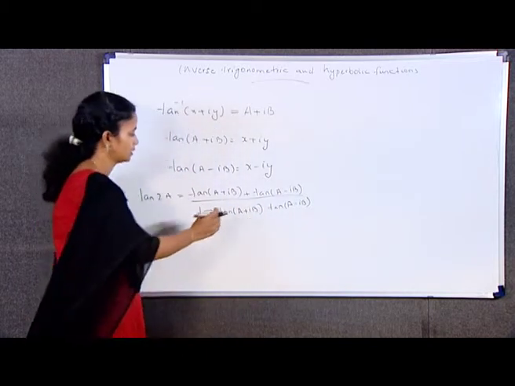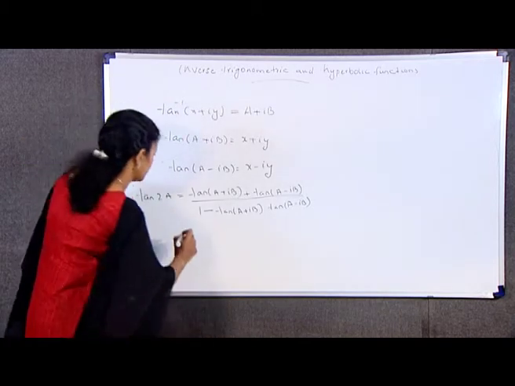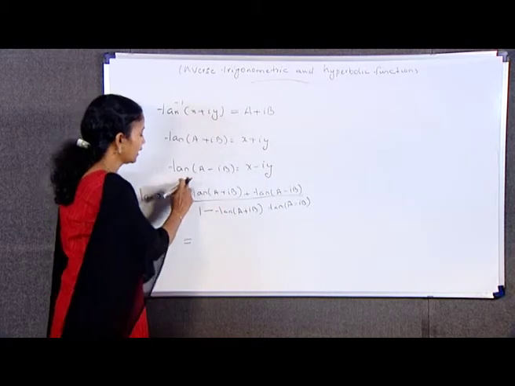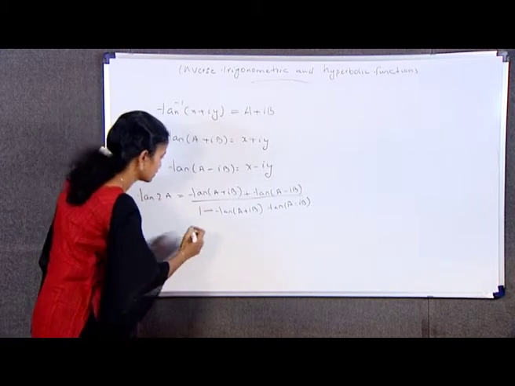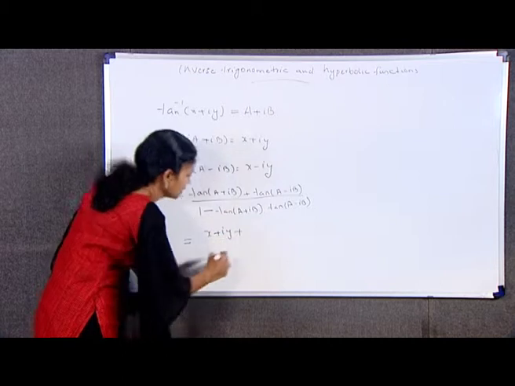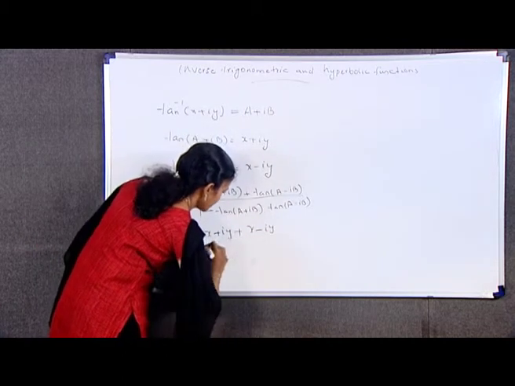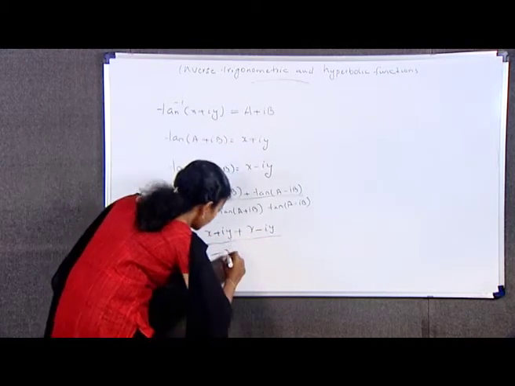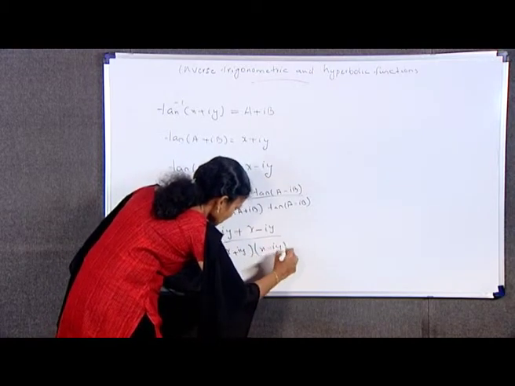1 minus tan(a+ib) into tan(a−ib), which is equal to, I have tan(a+ib) equal to x+iy and tan(a−ib) equal to x−iy. Substituting this, we get (x+iy)+(x−iy) divided by 1−(x+iy)(x−iy).